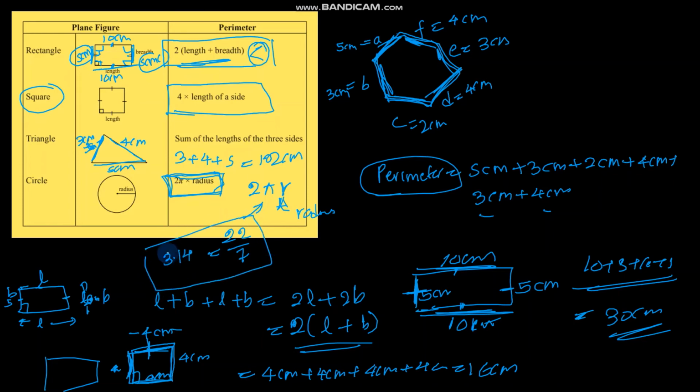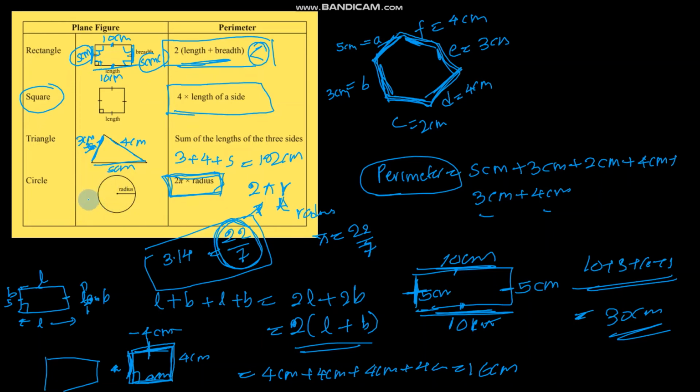This is usually given in your paper, whichever value of π you need to use. But you can remember that π is equivalent to 22 divided by 7, right?